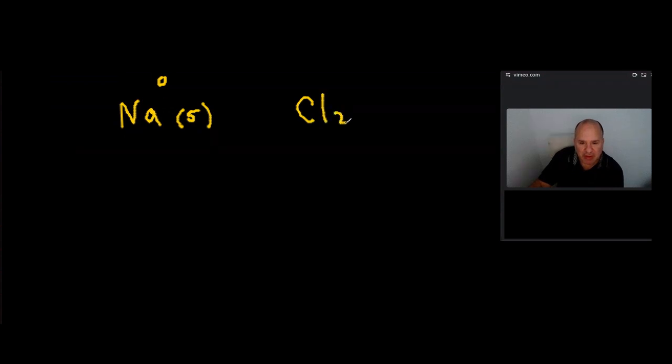Cl2 is bonded with the same atom, chlorine to chlorine, so it's going to have a 0 oxidation state. It has to be bonded to something else for you to have oxidation numbers other than 0. But when it's in free form like this, it's just 0, right? Chlorine, Cl2 by itself, just 0. Na by itself, just 0.